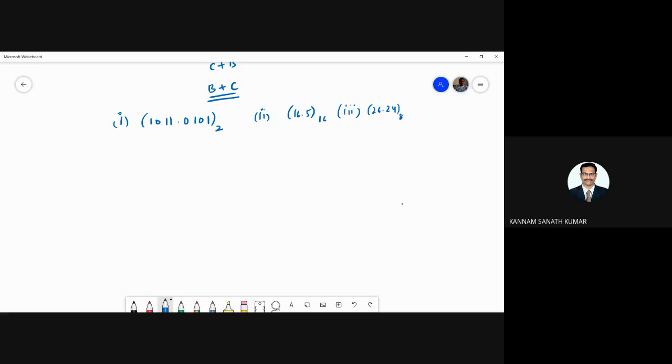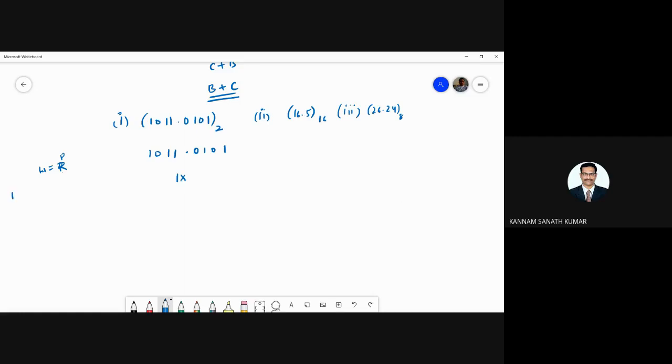So the first one, if you see, 1011.0101. You have to multiply each digit with its weight. So what is the weight? Weight equals radix power position. What is the radix here? 2.